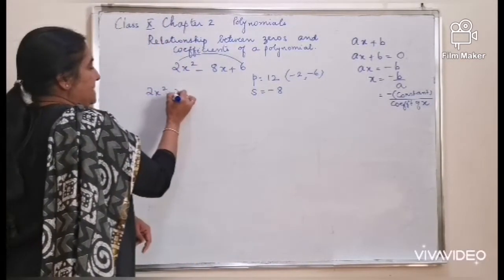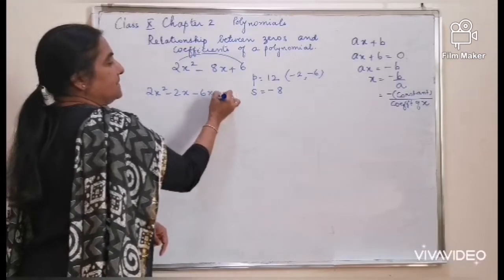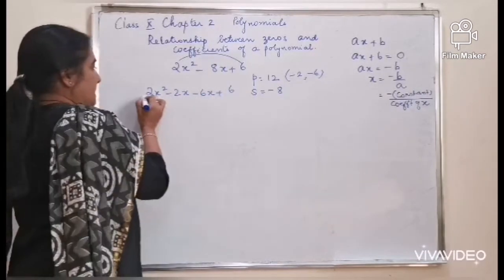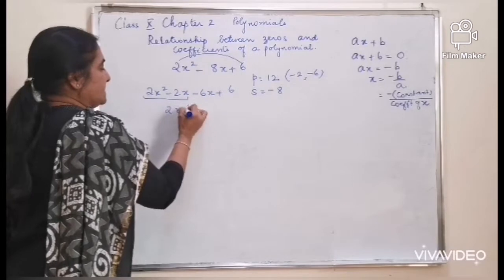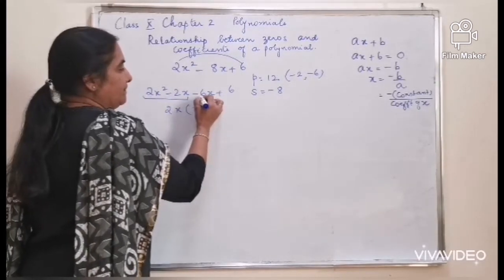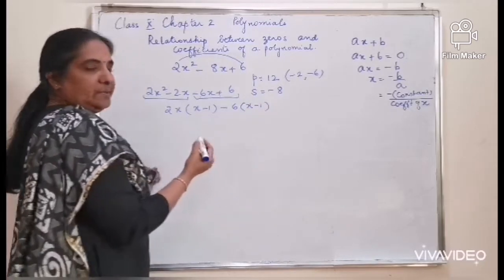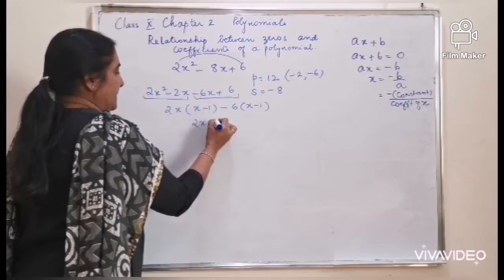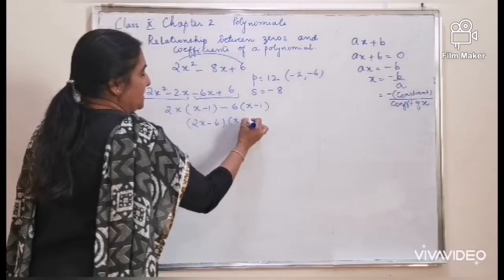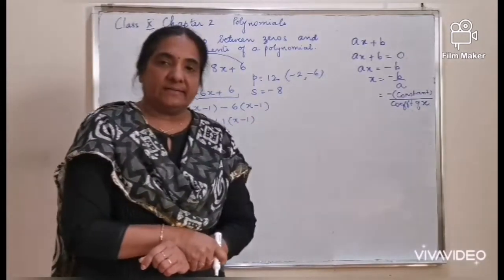So 2x square minus 2x minus 6x plus 6. The common factor: 2x into x minus 1, minus 6 into x minus 1. 2x minus 6 into x minus 1 are the factors.